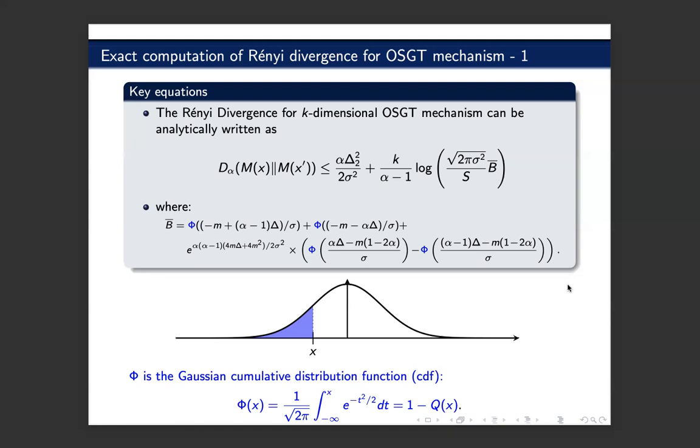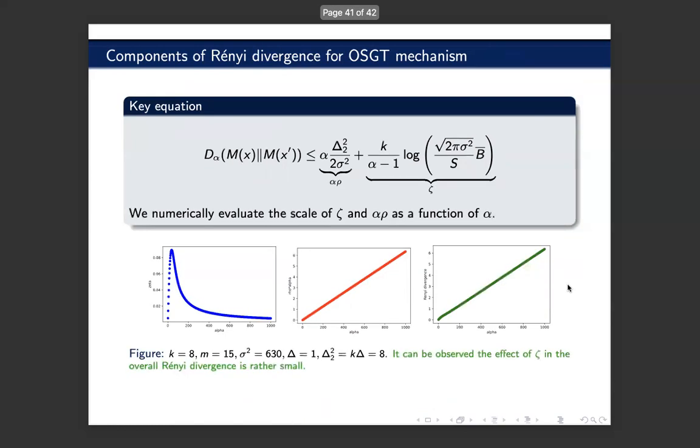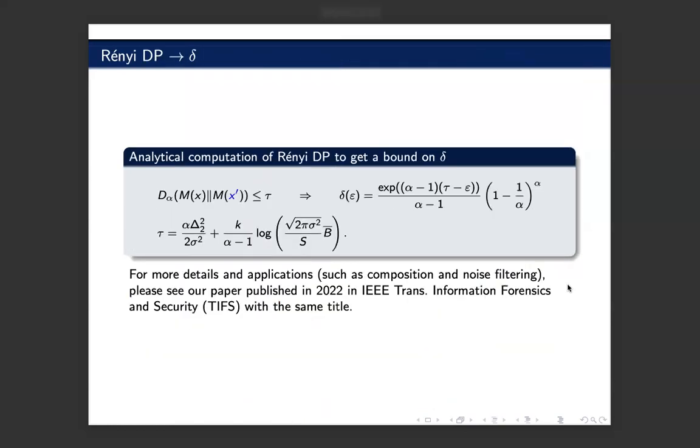This is applicable for Gaussian as well. Whatever you have computed as the Rényi divergence of your mechanism, whatever mechanism it is, this is a general result from the literature, but we just used it in composition and in noise filtering and things like that in the paper.